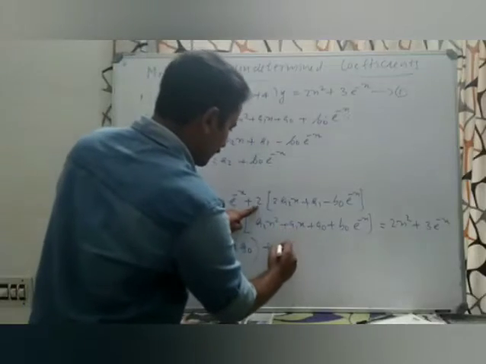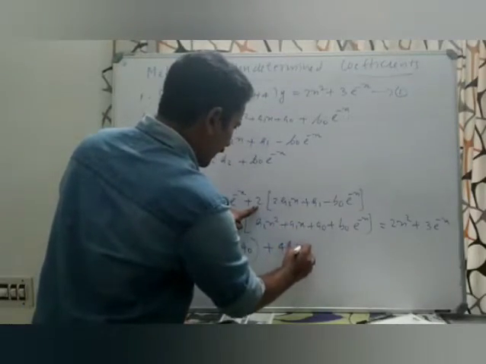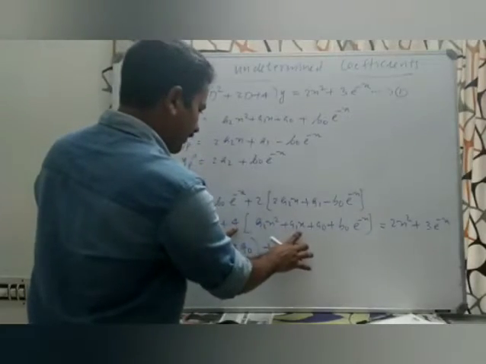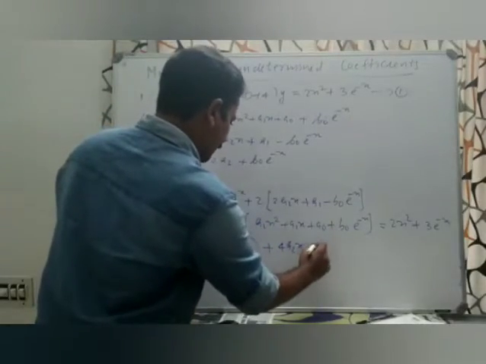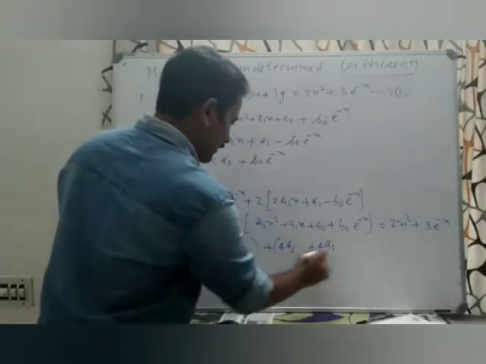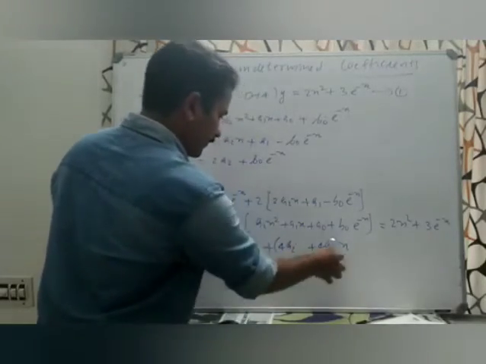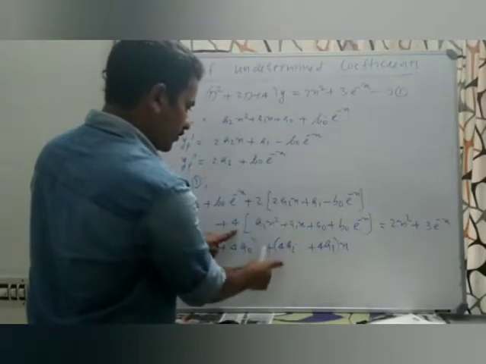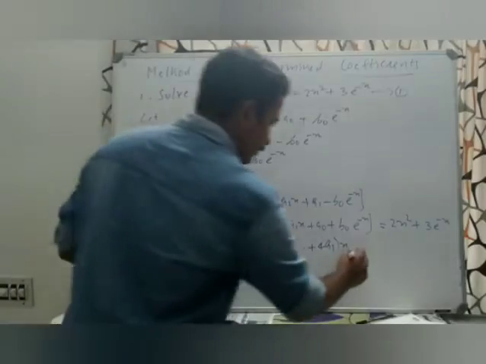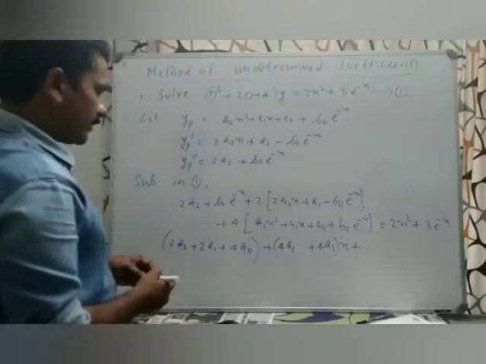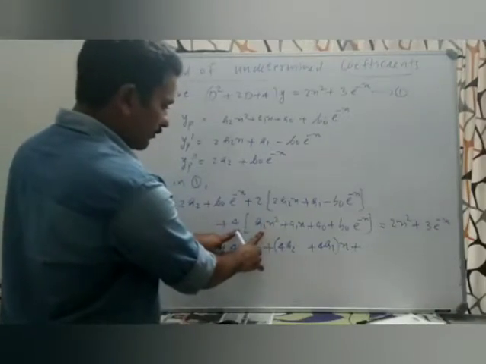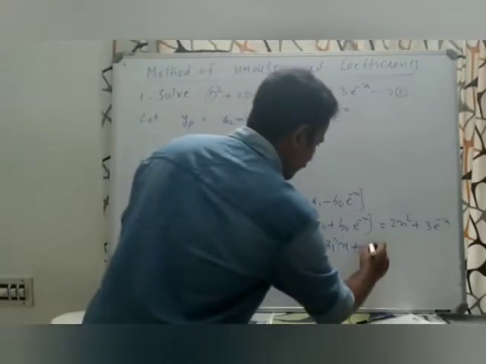Here we have 4a2x, and here we have 4a1. So I'm going to write like this: 4a2 plus 4a1 x, that's the time of x. Plus now times of x square, there is only one, and that is 4a2x square.